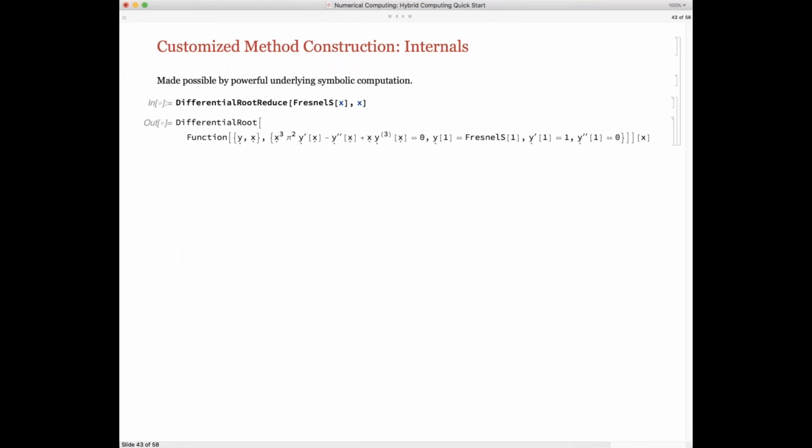DifferentialRootReduce is an important piece of symbolic machinery likely used by Mathematica in the hybrid symbolic-numeric method I've just described. DifferentialRootReduce is used to obtain specific functions like FresnelS in DifferentialRoot form, which is essentially our representation as a linear differential equation with boundary conditions.